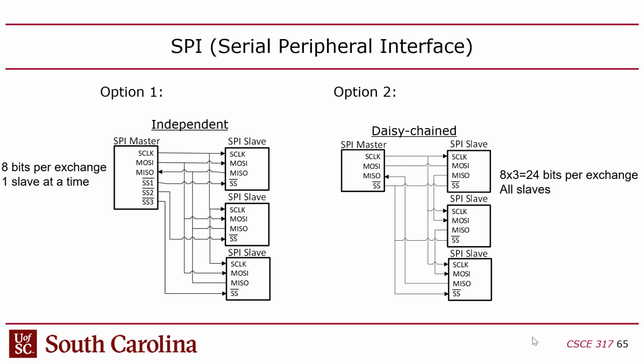So in this case, it would take 24 bit times, 24 cycles, to move data from this master down to the last slave on the daisy chain. But you could do either approach, but like I said, generally with SPI, they're usually just 2 endpoints.